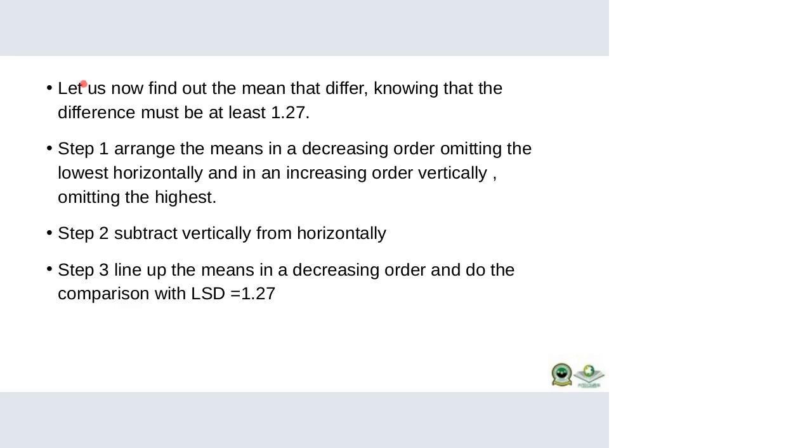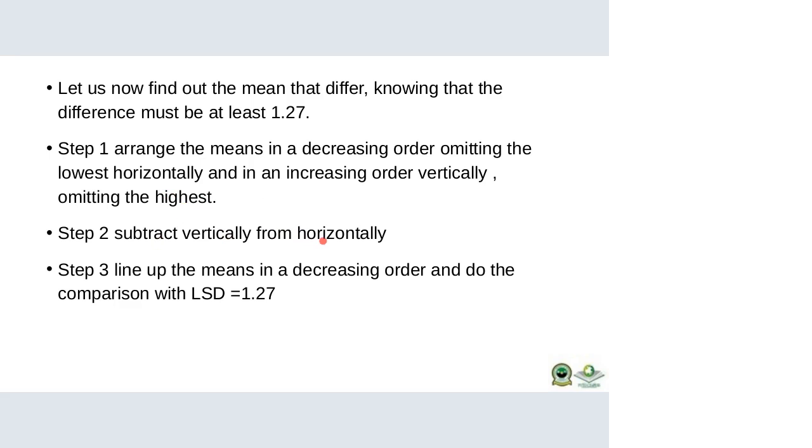Now, let us find out the means that differ, knowing that the difference must be at least 1.27. Step 1, arrange the means in descending order horizontally, omitting the lowest, and in increasing order vertically, omitting the highest. Of course, you can do this manually.